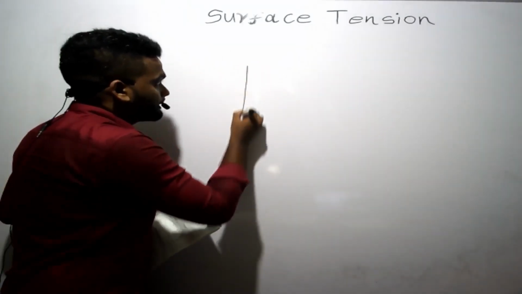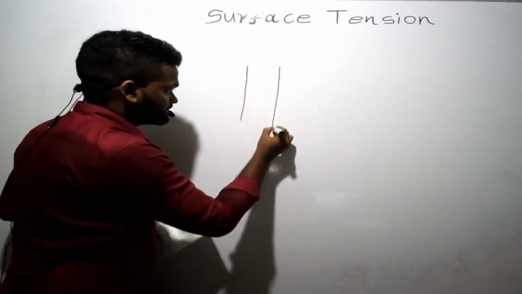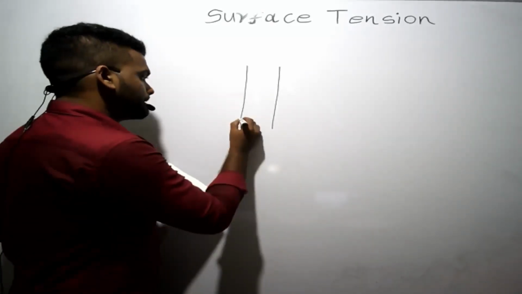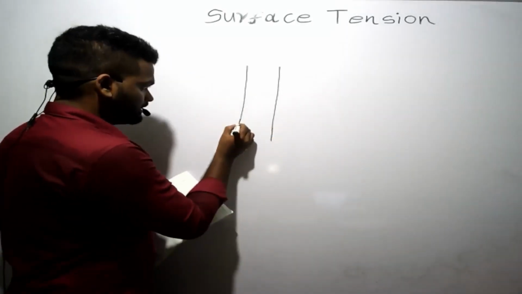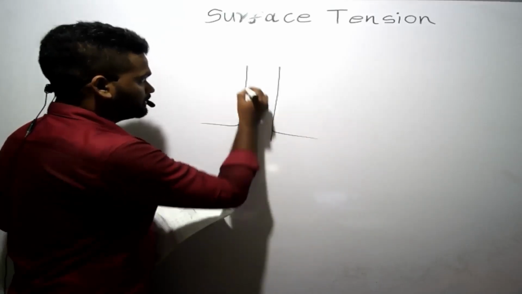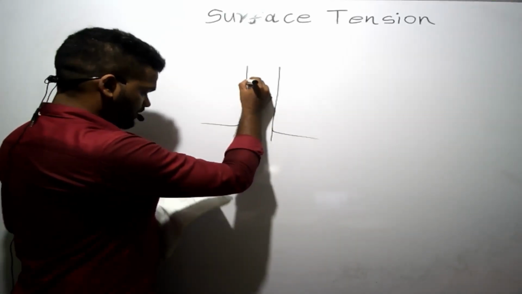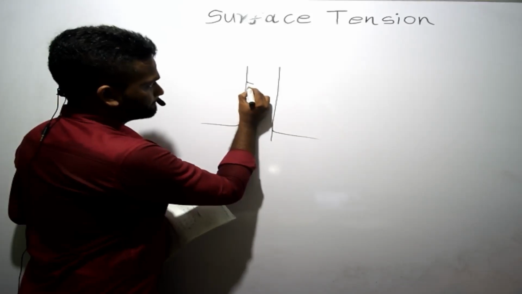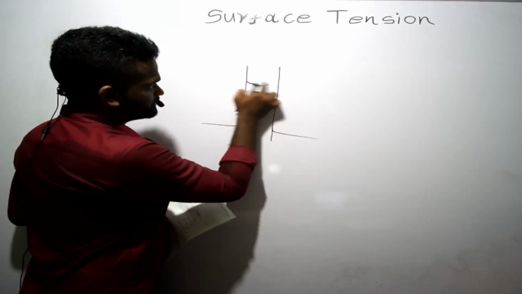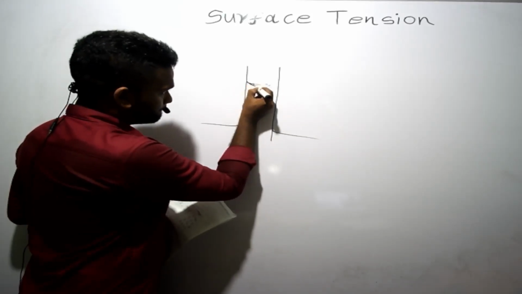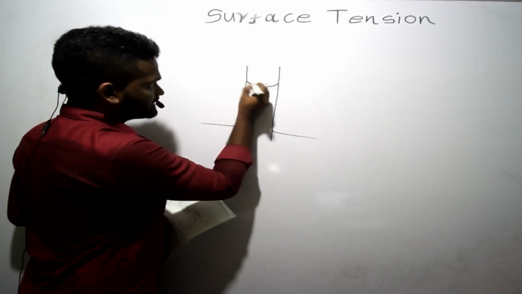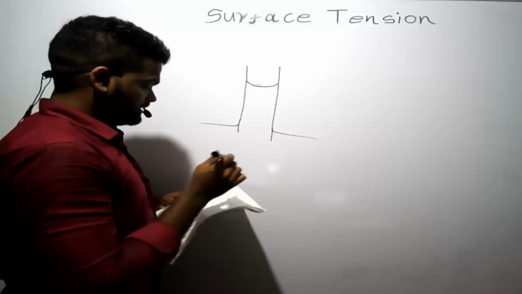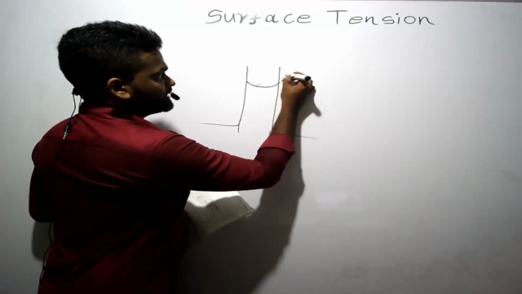Right. So it is a capillary rise. We know the contact angle is an acute angle. Then let's say you have a meniscus in this shape, like this. Then you can extend this into a sphere.